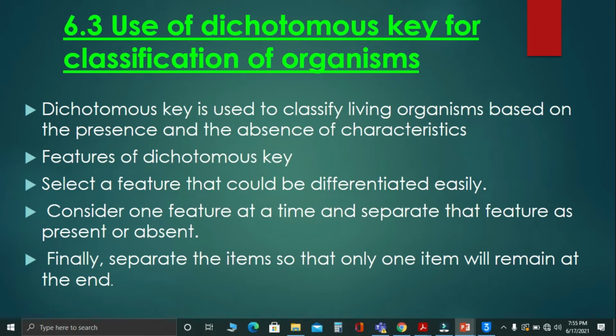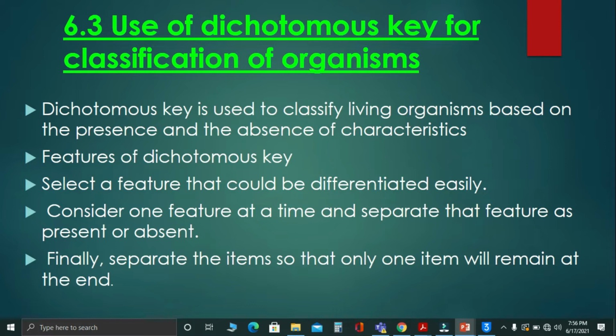Okay children, now we will look at the third topic of the lesson, the use of a dichotomous key for classification of organisms. What is a dichotomous key? It is used to classify living organisms based on the presence and the absence of characteristics. That means think of various external features.